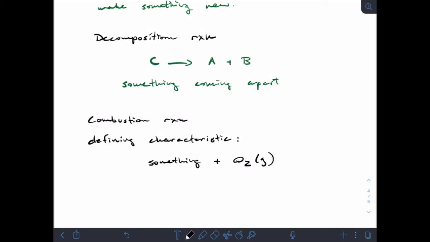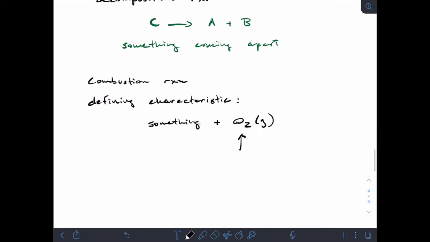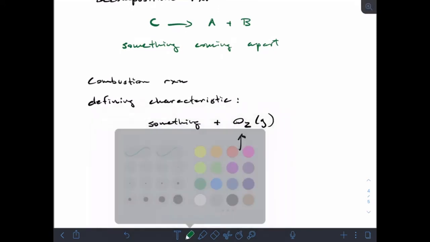If you have oxygen gas by itself as a reactant, you are talking about a combustion reaction. That is it.